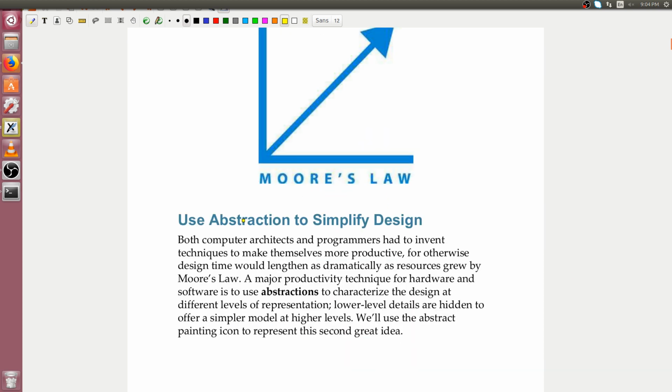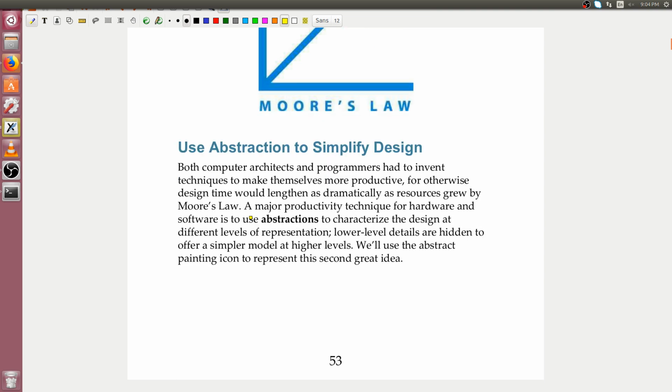So, using abstraction to simplify design. This is our next key concept. Both computer architects and programmers had to invent techniques to make themselves more productive, for otherwise design time would lengthen as dramatically as resources grew by Moore's law.